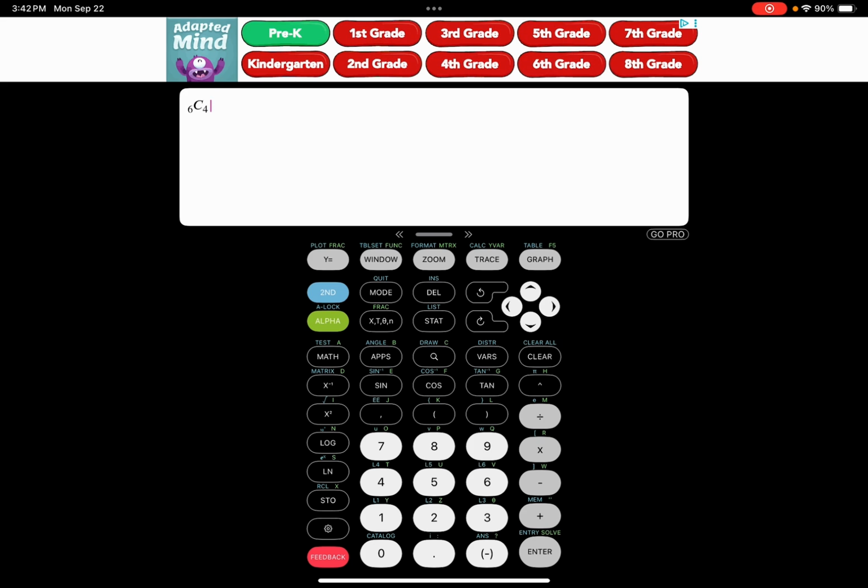Hit your right arrow to move it back up to the top, times the quantity of 1/3 to the 4th power, right arrow out of our exponent, times the quantity of 2/3 raised to the 2nd power. Okay, remember probability, we're going to round to the nearest 3 decimal places, so we're going to have 0.082.